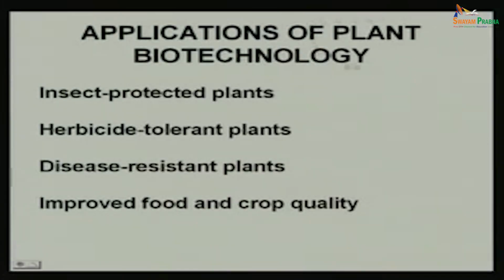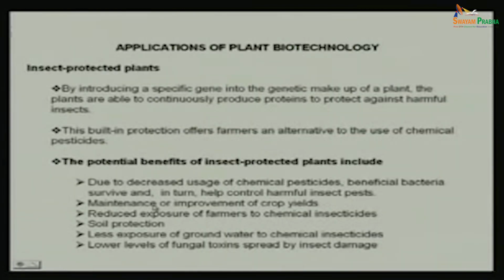Now, examples of plant biotechnology are insect protected plants, herbicide tolerant plants, disease resistant plants, and improved food and crop quality. Let me come one by one to each of these.